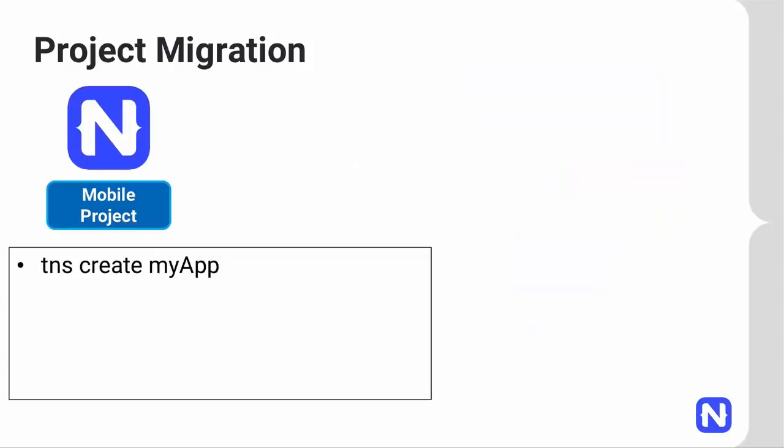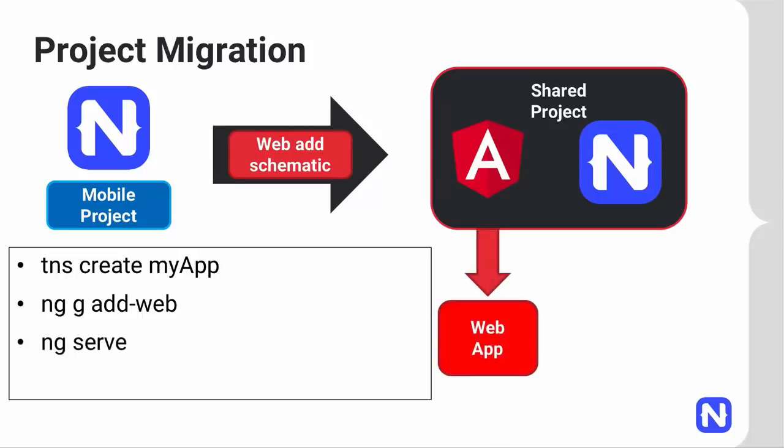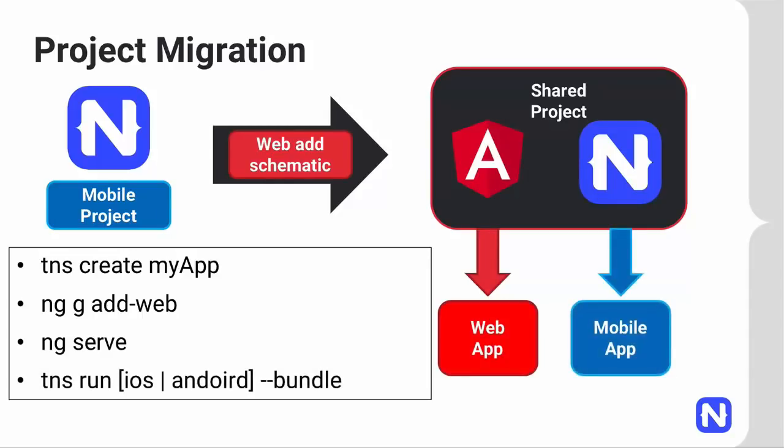You could also look at a scenario where you have an existing NativeScript application, and then you could call something like ng g add web. This schematic is still in progress, is not yet complete, but it will be soon. But the idea remains the same. After you run it, you should be able to call either ng serve or tns run ios or android --bundle, and you should get a web or a mobile application out of it.